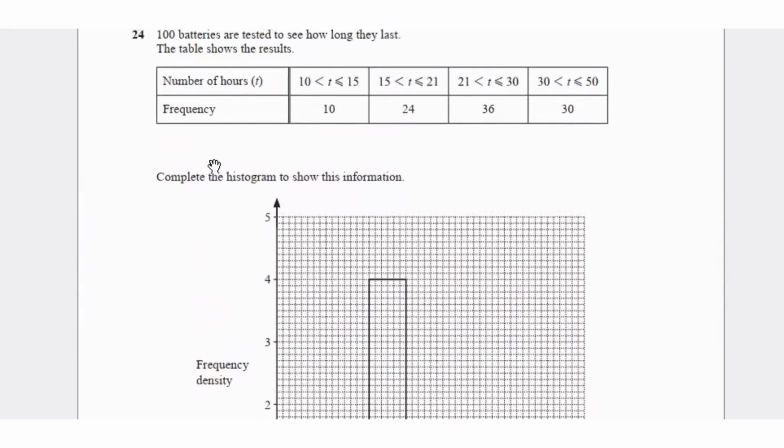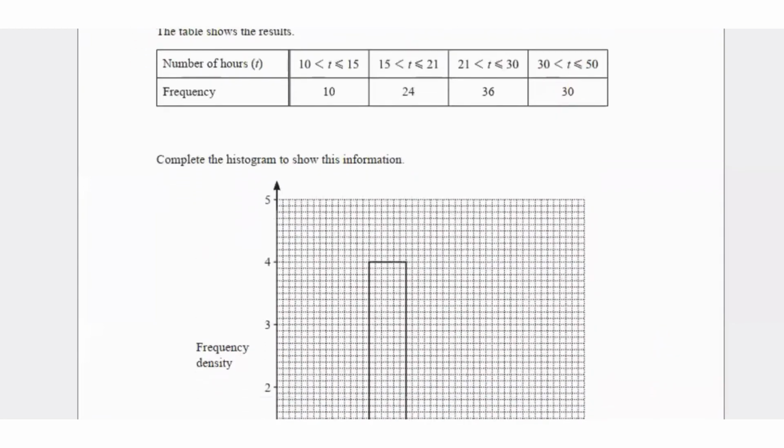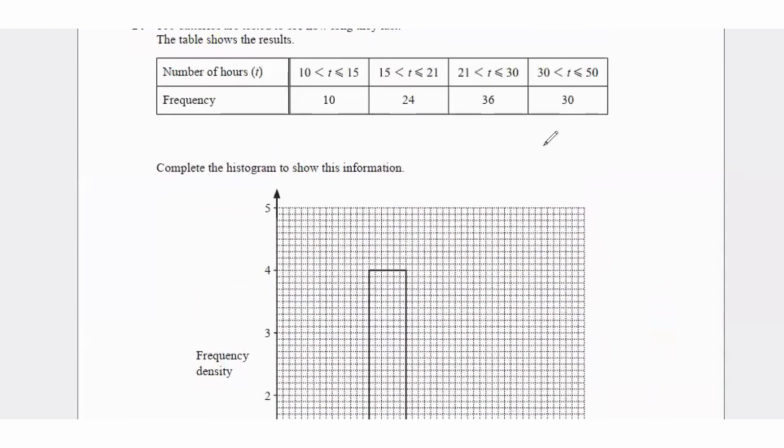So what I'm going to do is first find the frequency density for each. They have done the second one for us. Frequency density has the formula of frequency divided by class width. For the first case, our frequency is 10 and class width is 5, so frequency density is 2.